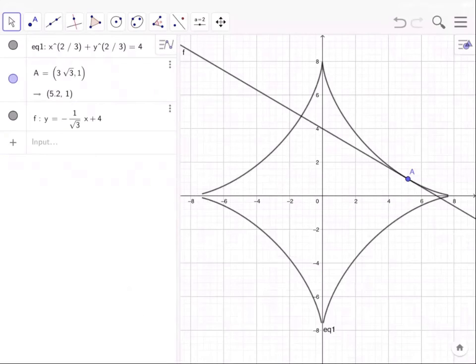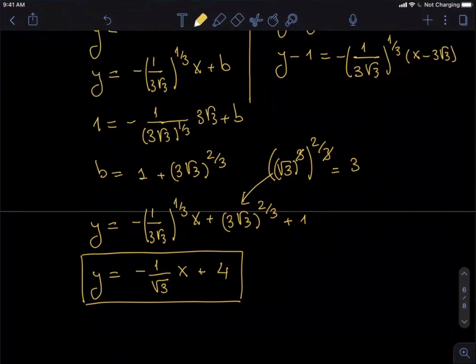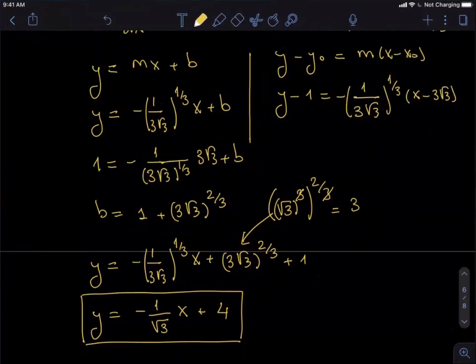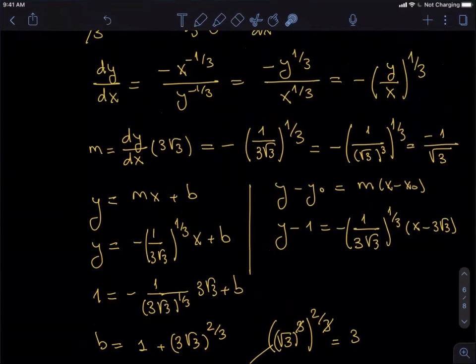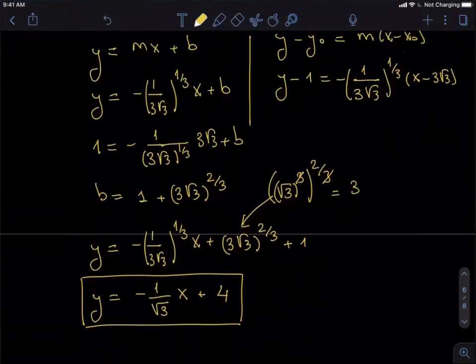So with this method, for any point of the curve, we can find what the tangent is. Now, once we have found this formula for the slope, we can do as many points as we want.